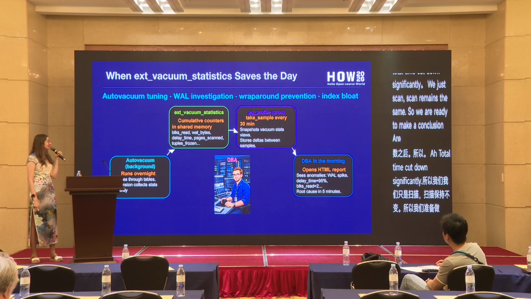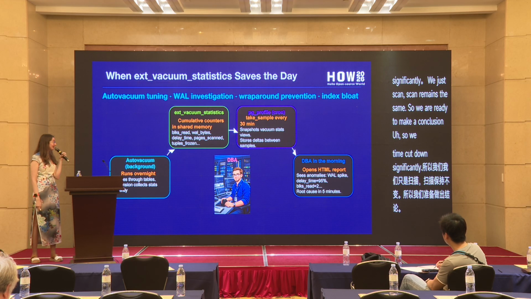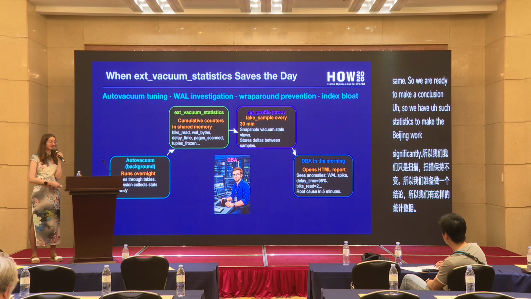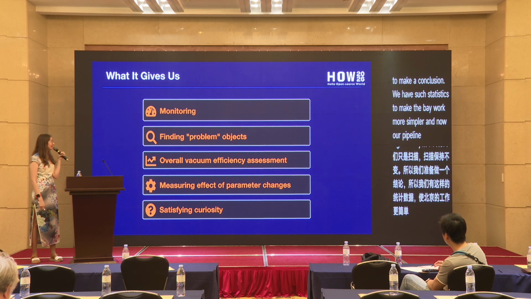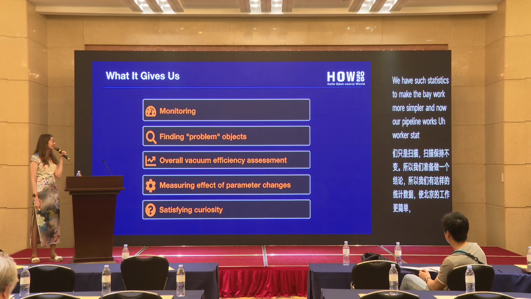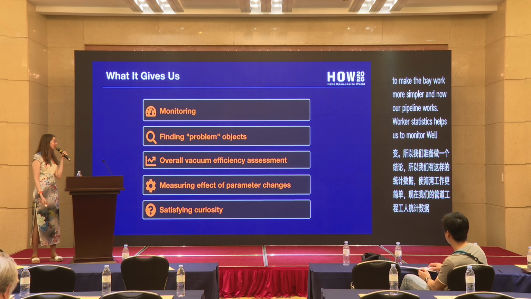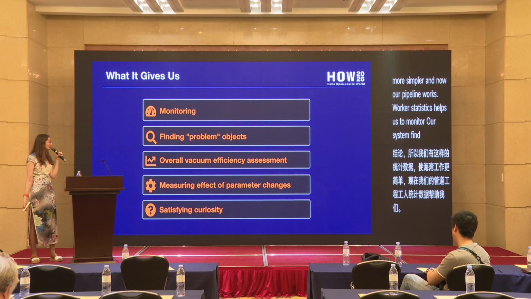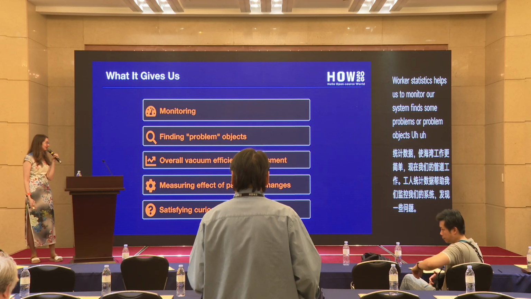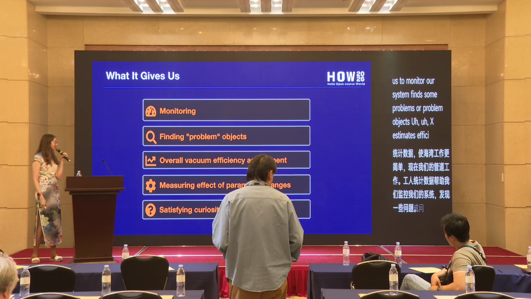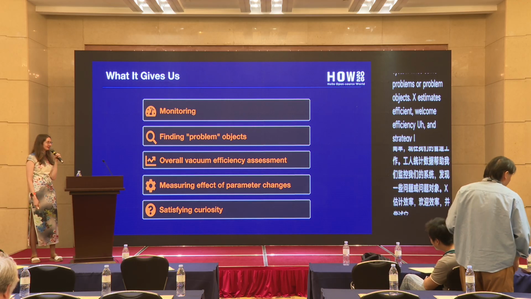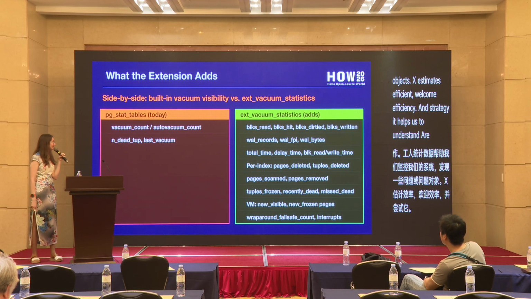So we have such statistics to make the DBA's work simpler, and now our pipeline works. Vacuum statistics help us to monitor our system, find problems or problem objects, estimate vacuum efficiency, and understand the vacuum system.